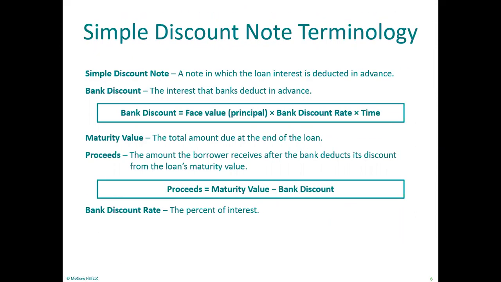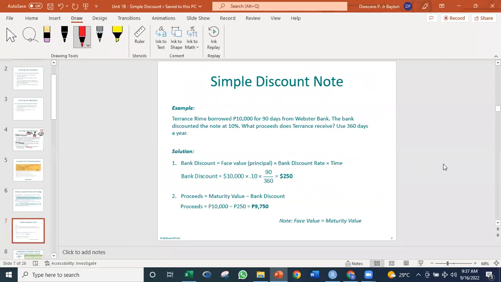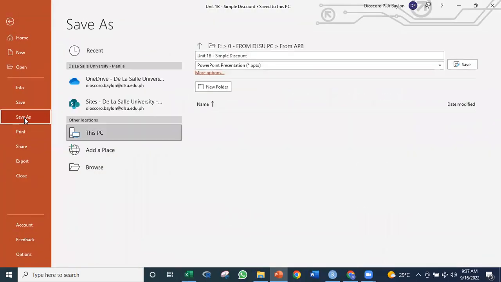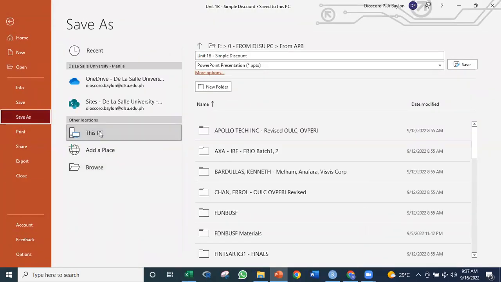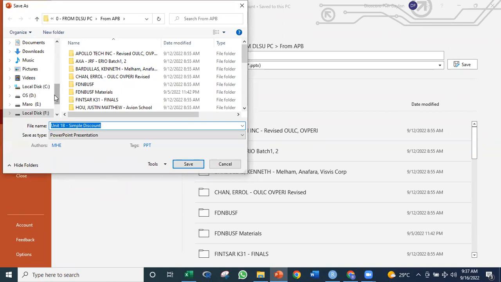The illustration does not appear. Let me try to save this first.